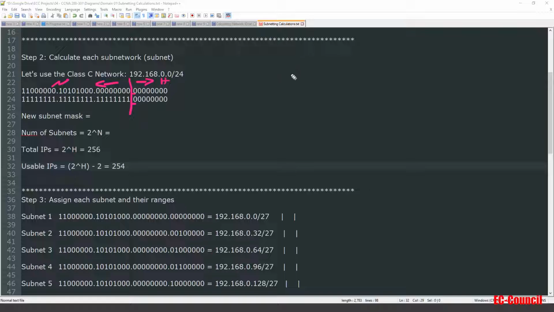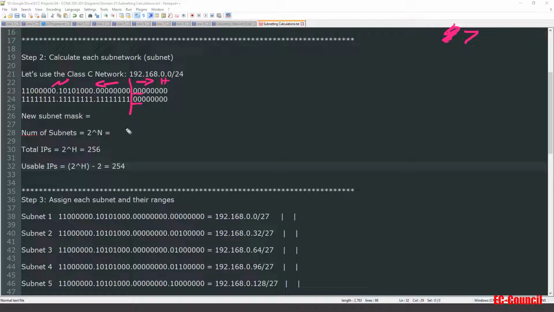If we borrow one host bit, our formula is 2 to the power 1 for the total number of subnets, so we'll get 2 subnets here. But remember, we need 7. So this is too little. What if we borrow another bit?